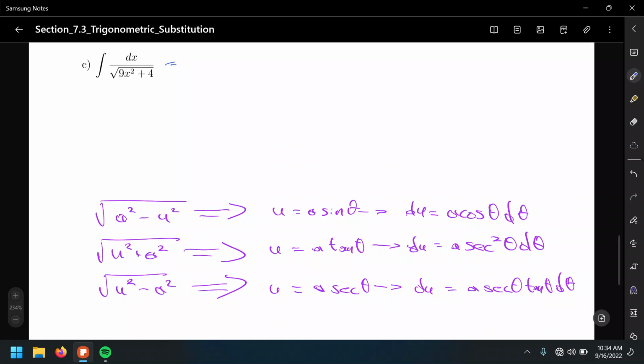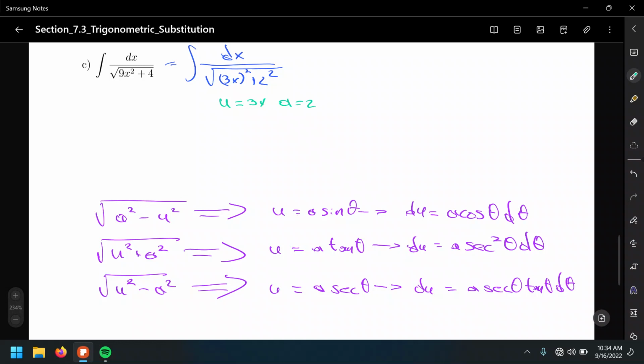The integral dx over the square root of (3x) squared plus 2 squared. This means u equals 3x and a equals 2.